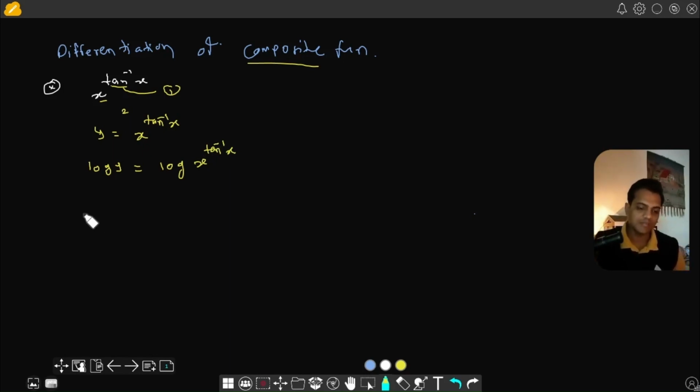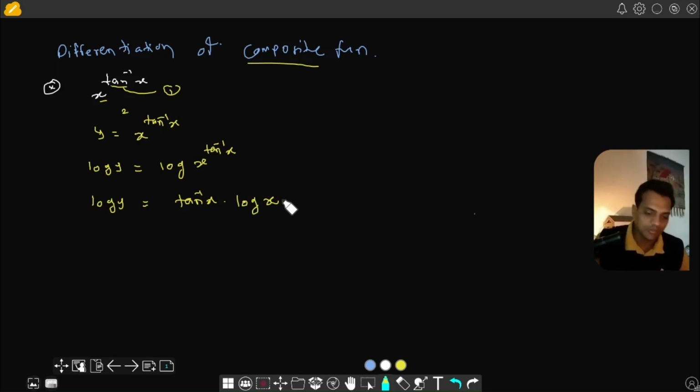Whenever we apply the log on x raised to something, the raised term comes into multiplication. So I get log of y is equal to tan inverse of x multiplied by log of x.